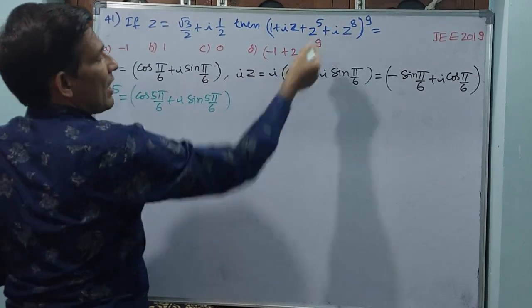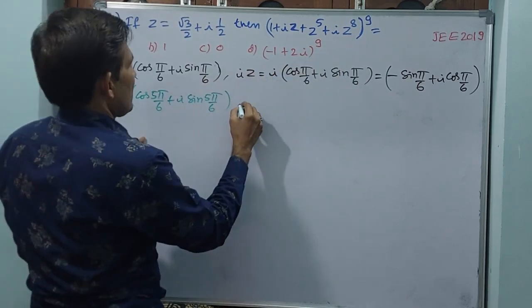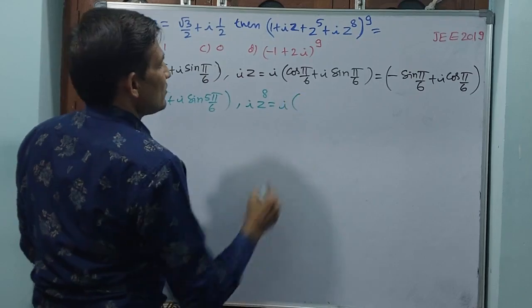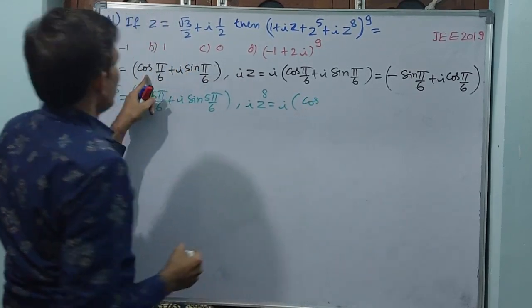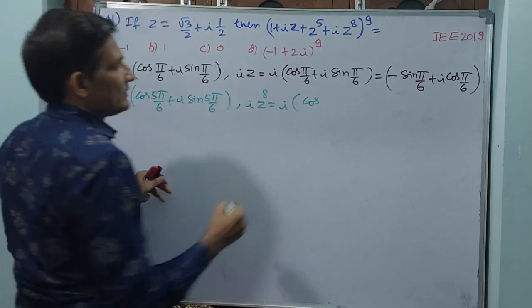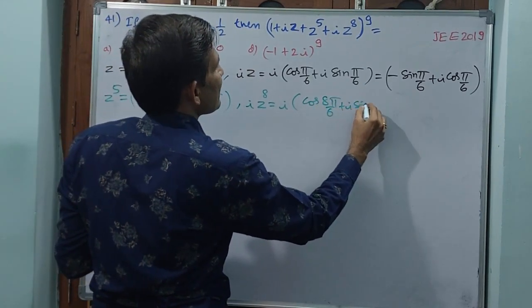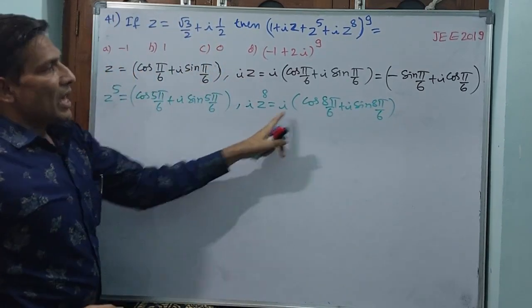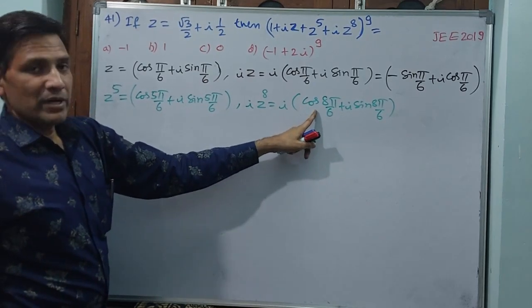Okay, let it be. See, i z to the power of 8 is equal to i into z to the power of 8, which is i into (cos 8 pi by 6 plus i sin 8 pi by 6). First you write, afterwards we will make cancellation. But i you have to multiply. If i goes in, this is going to become a real part.